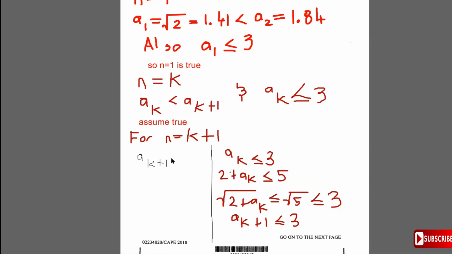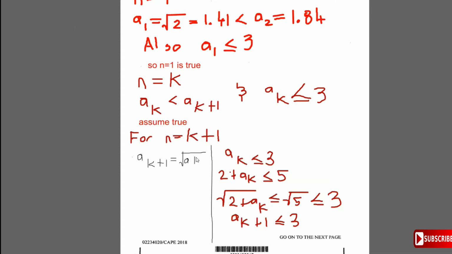Now what is ak plus 2? ak plus 2 is going to be the square root of 2 plus ak plus 1. So let's prove that. Remember, for n equal k plus 1, we prove this one. Now ak plus 1 is equal to the square root of 2 plus ak.